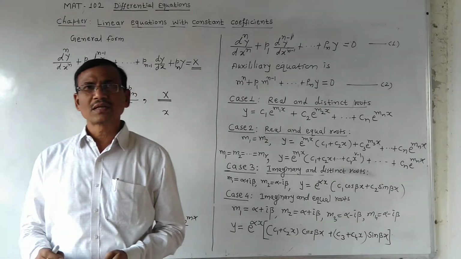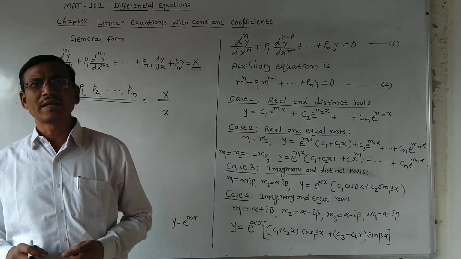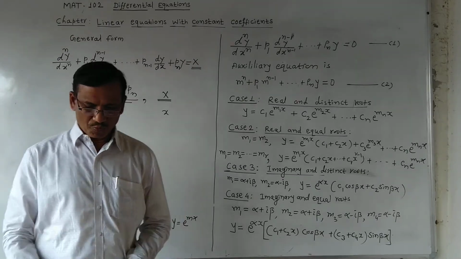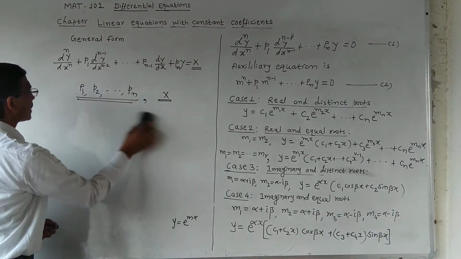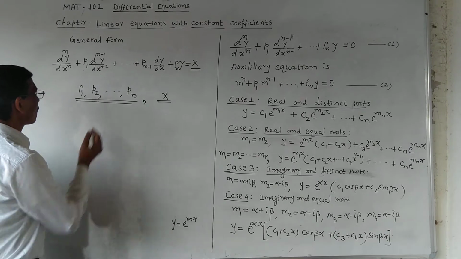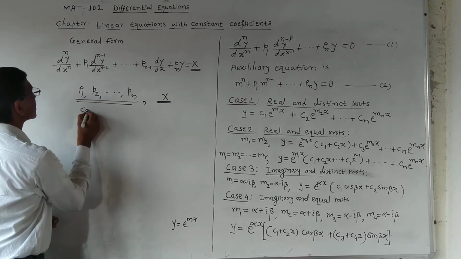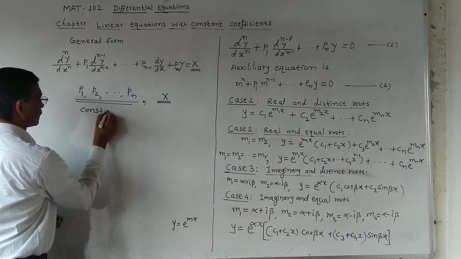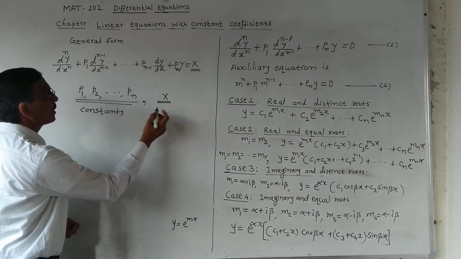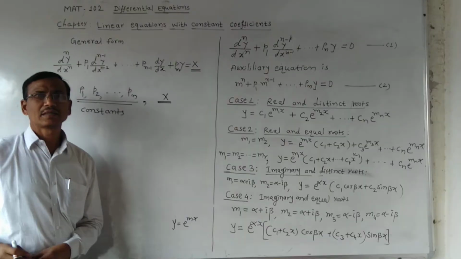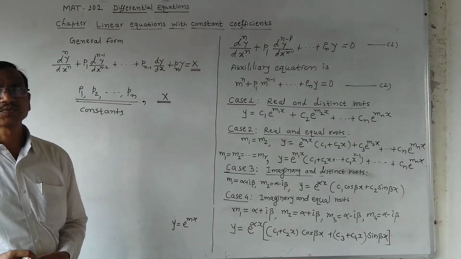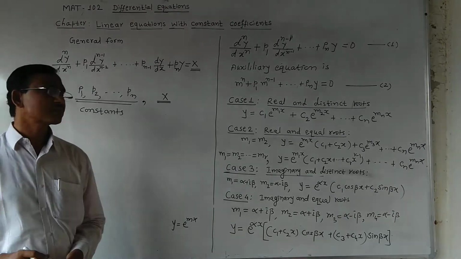Now we have to study the linear equation with constant coefficients, and that's why we shall consider P1, P2, Pn as constants, and the right hand side is any function of small x.